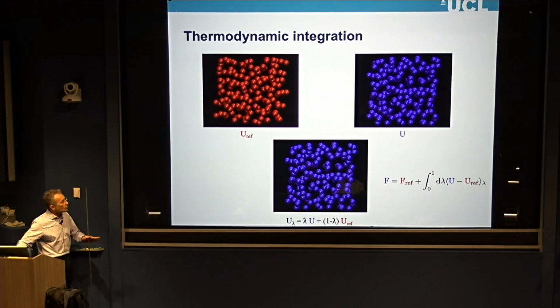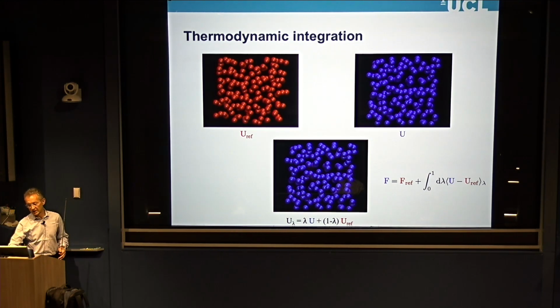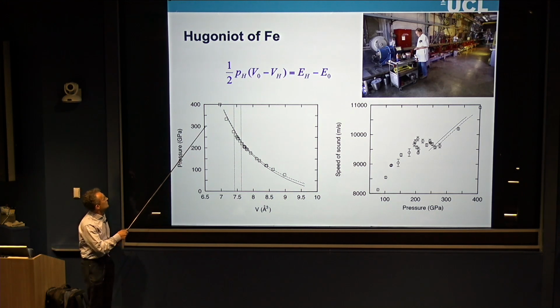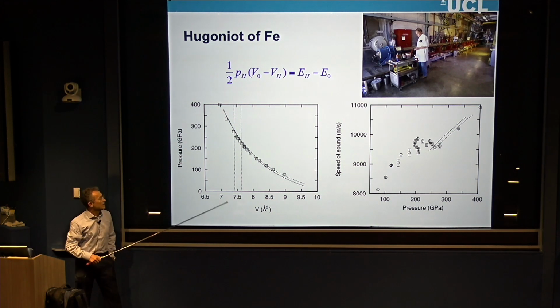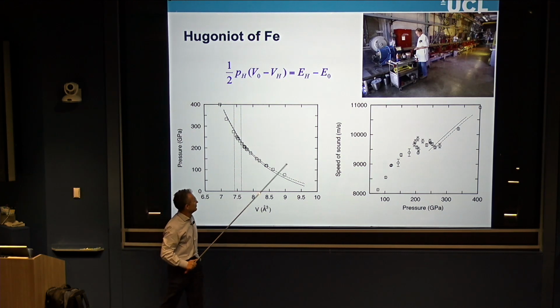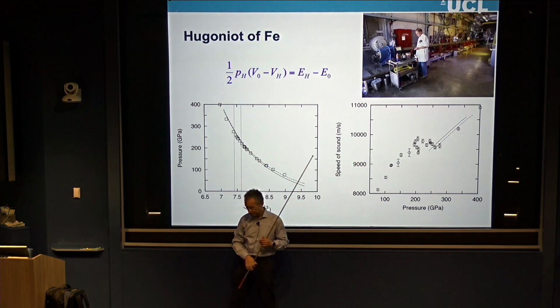Okay, so now we've got all the ingredients, and we can start using them to test if the theory works to describe properties at high pressure. So here, what I'm plotting is the pressure against volume curve on the Hugoniot. This is the typical pressure-volume relation that you have in these experiments that I mentioned earlier.